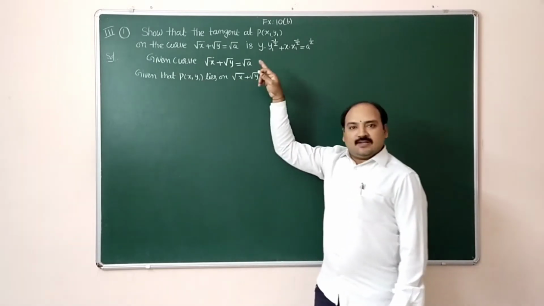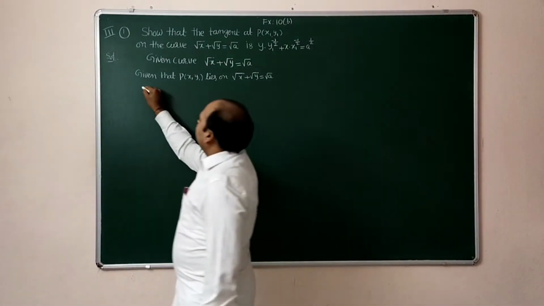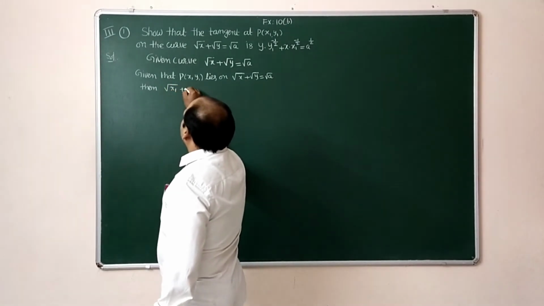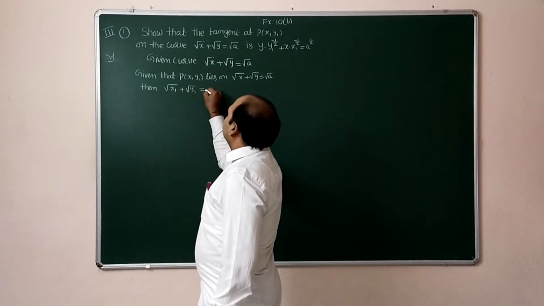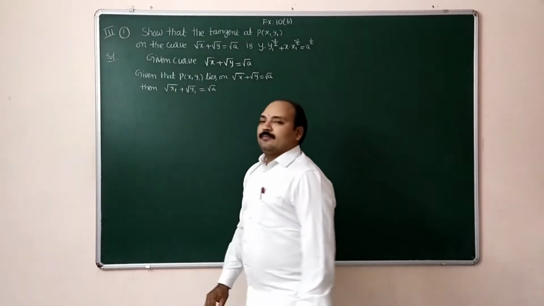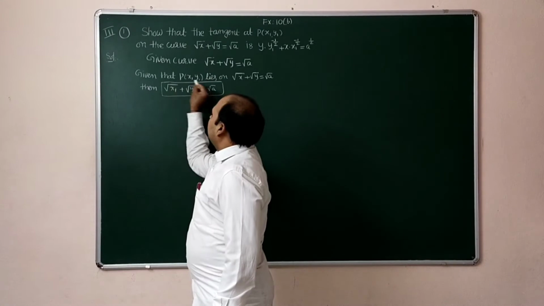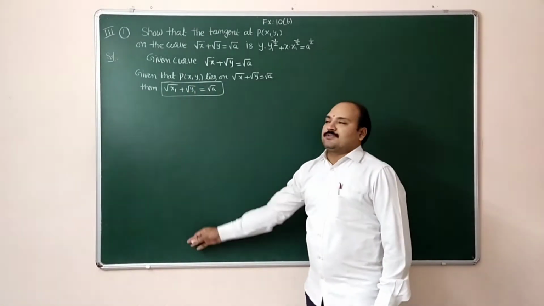Whenever the point lies on the curve, then root x1 plus root y1 is equal to root a. You put it in a box. This result we will use in the coming steps.